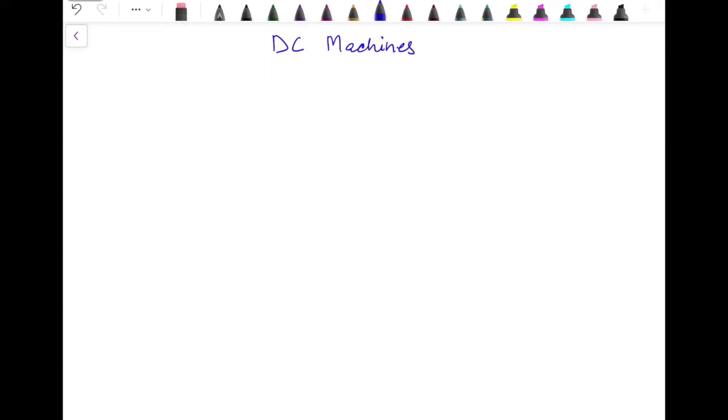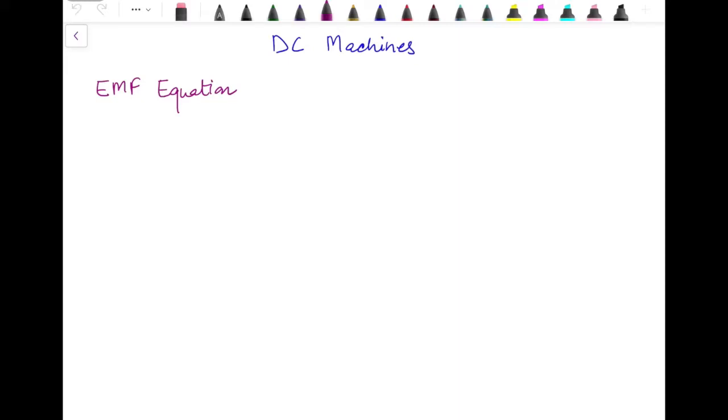That induced EMF can be collected from the armature winding through the commutator and brush assembly. So what's the value of that induced EMF? That we need to find, and for that in this video I'm going to derive the EMF equation of the DC machine.